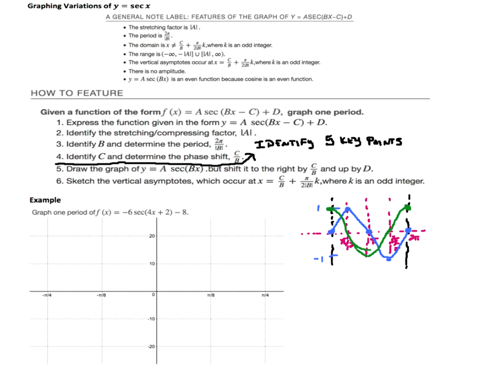So these are the 5 key points that I am talking about in this intermittent step between 4 and 5 in the how-to feature. So you can see we have this period from 0 to 2 pi for the sine and the cosine function.